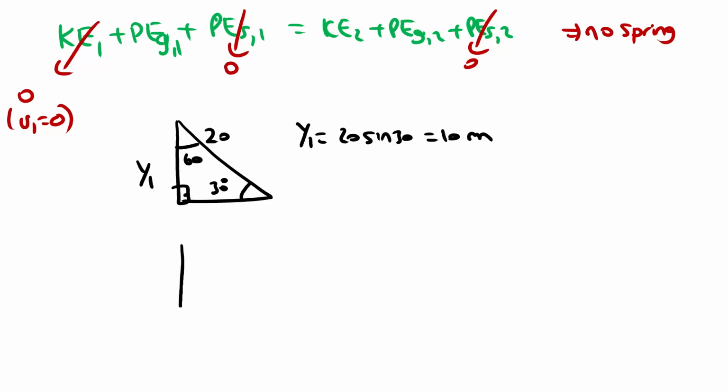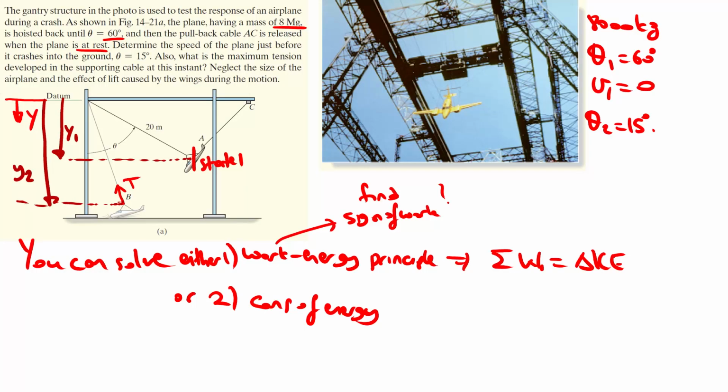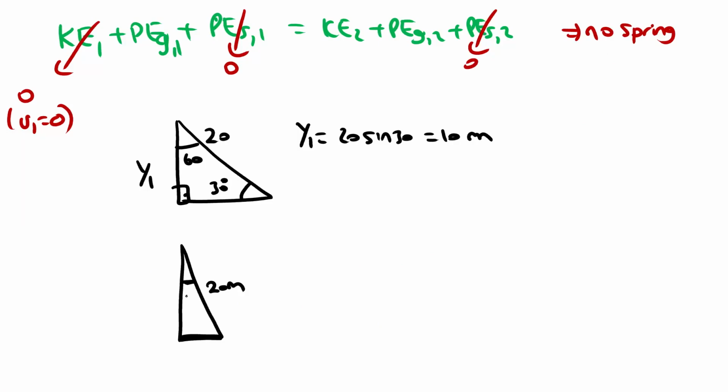And then similarly for y2. So again it is 20 meters. This angle is given as 15 degrees when it hits the ground. 90 degrees, and then we have this one as 75 degrees. And then y2 will be just the same as y1, 20 times sine 75.